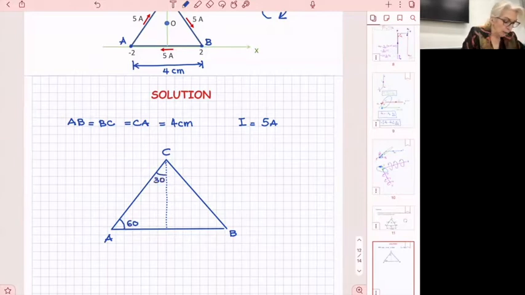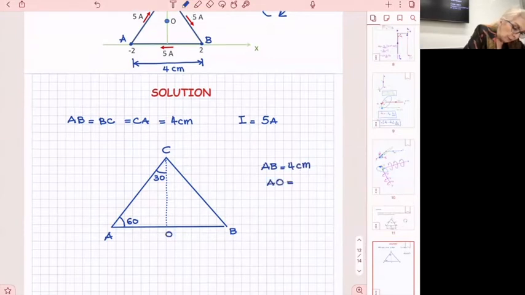All right, so we remember that if AB is 4 centimeters, then AO will be 2 centimeters.